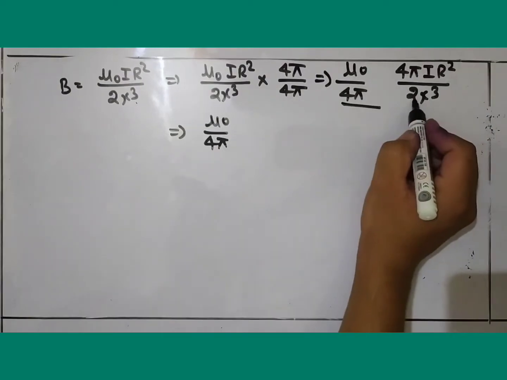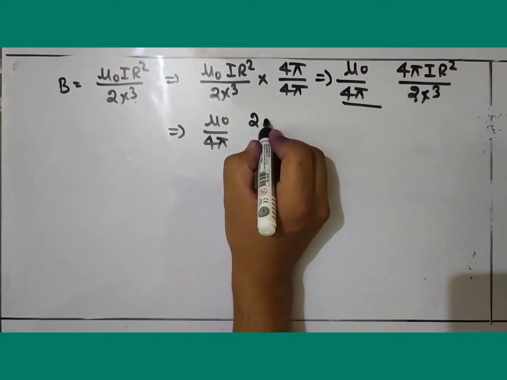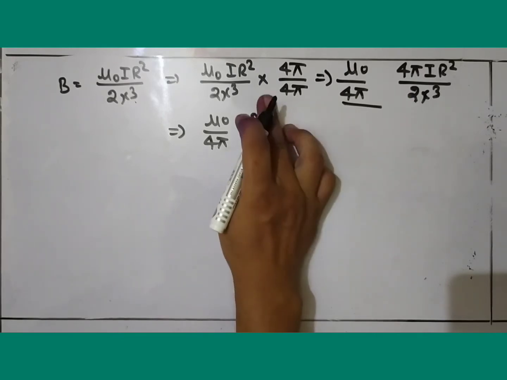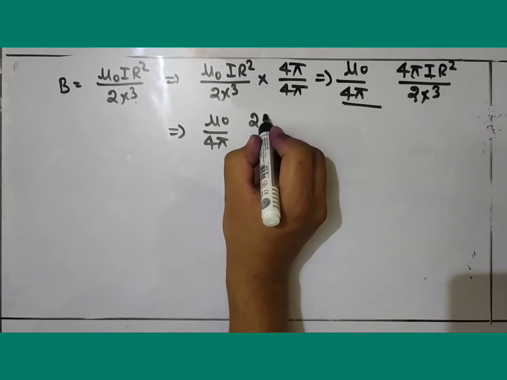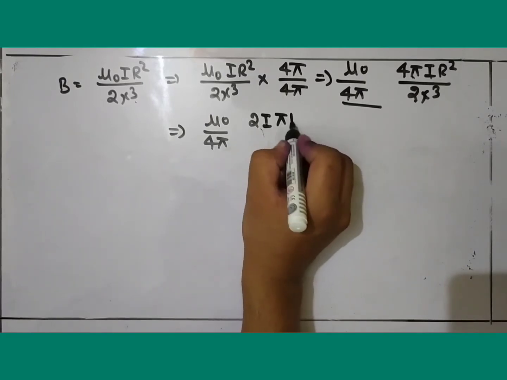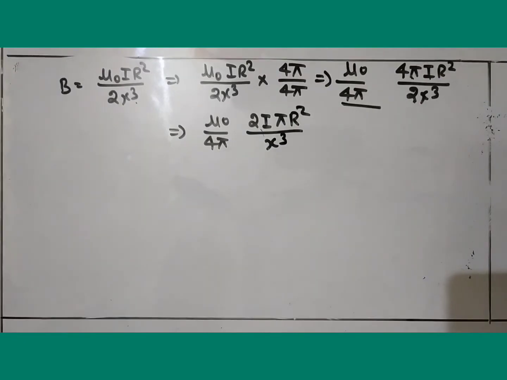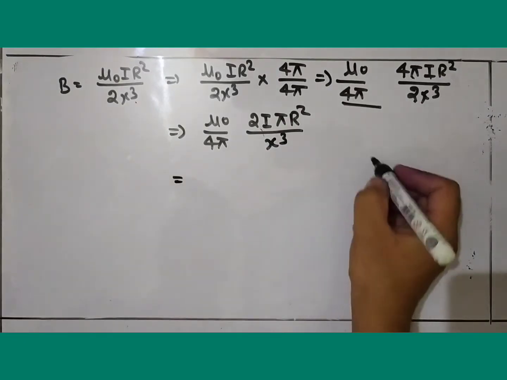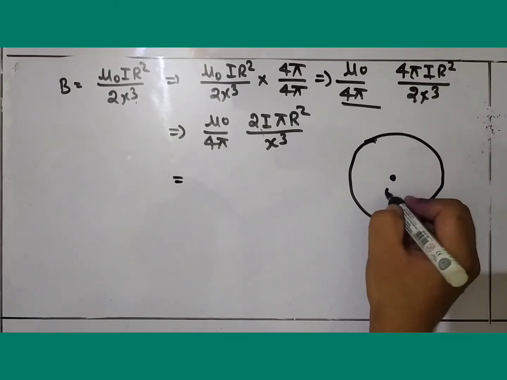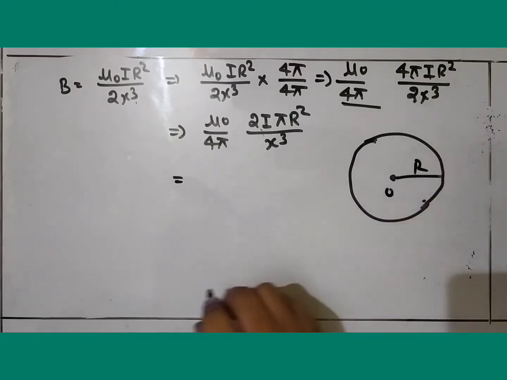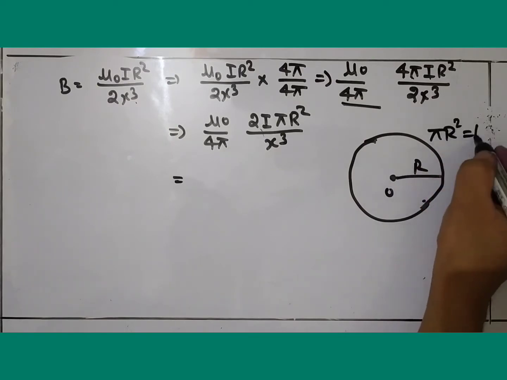Okay, so mu naught over 4 pi, and 2 1 is 2, 2 2 is 4, so it will become 2 pi. Okay, we are rearranging here: it is I, and it is pi R square, and the lower term is x cube. Okay, as you know that this was the circular loop, O was the center, R was the radius, so its area is pi R square.